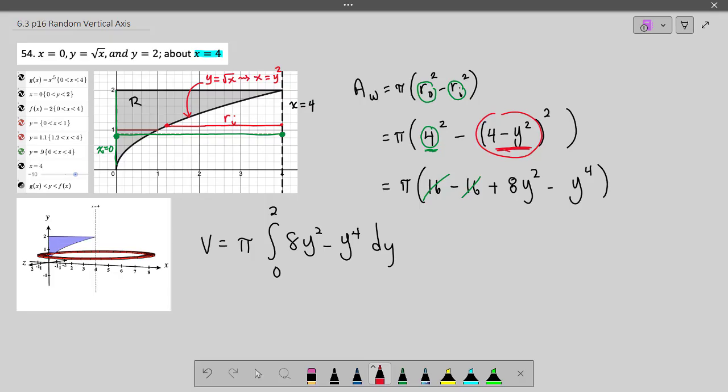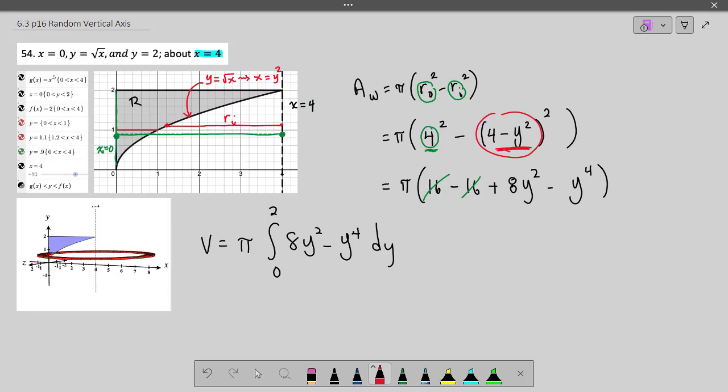When we look at the green here, so green is the distance from the axis of rotation to the further boundary curve. So we have the further boundary curve being a vertical line, which means its x value is constant. So the green line, no matter where you draw the green line, it's going to be 4 minus 0, which is 4.